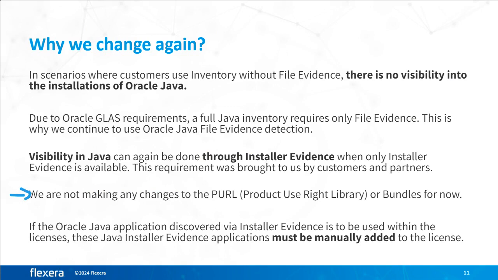So if you want to see the new Java install evidence application within the license, you must manually add them. It's pretty easy. Switch to the application tab, add a Java from file evidence or install evidence, and then you have it in the system. Hopefully this is answering your question. If not, reach out, and we can take it offline.